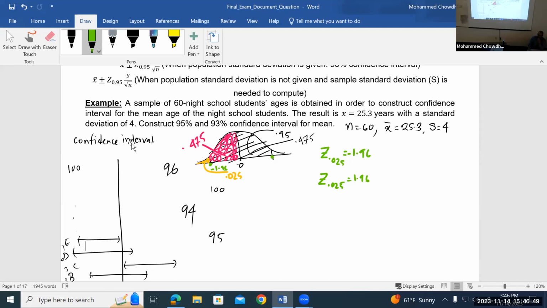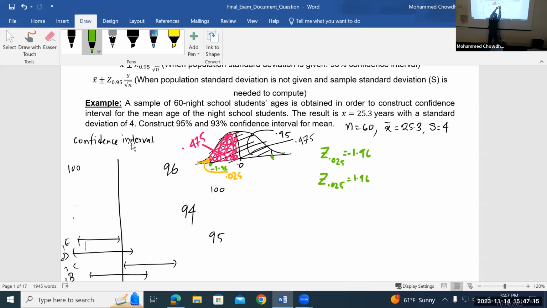Are you understanding? Take a look at the board, please. I write here Z. This is the same thing. One is negative, one is positive. Why? Because before zero, everything is negative; after zero, it is positive. This is also 0.025, right?